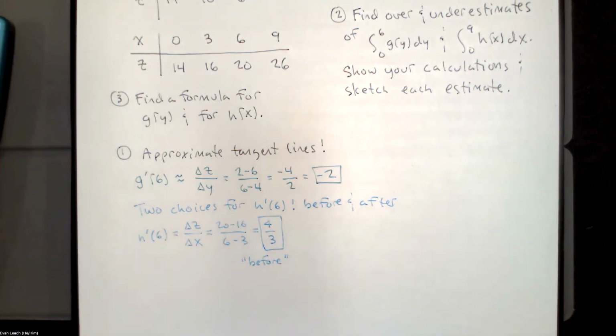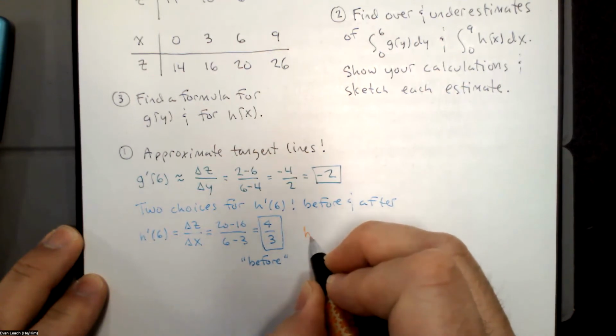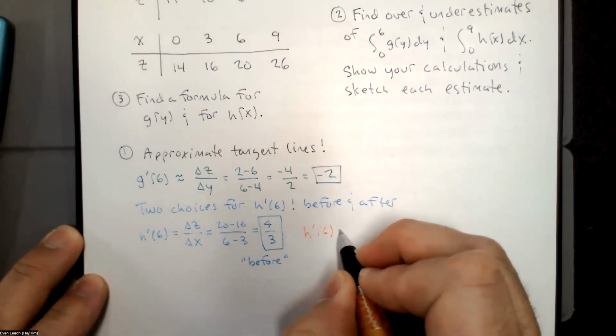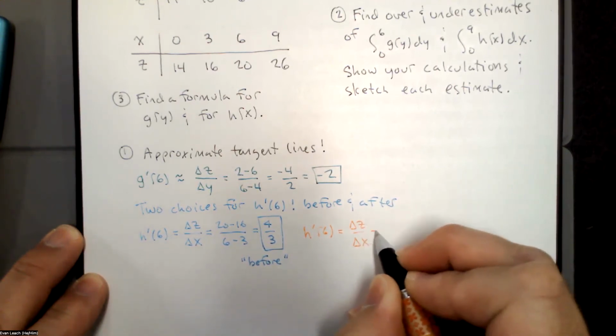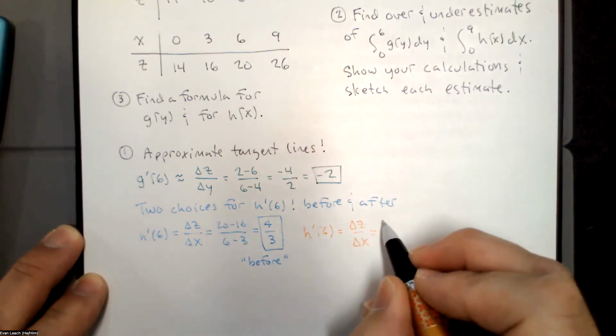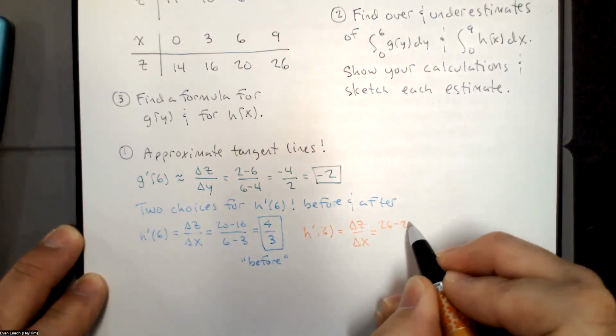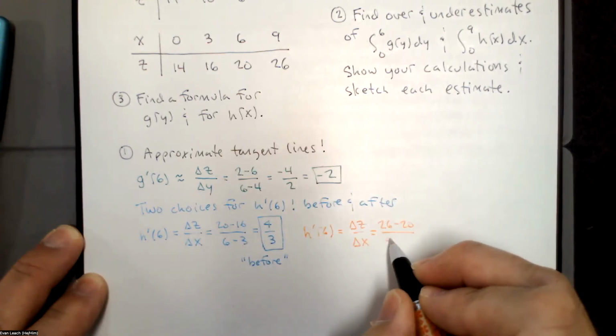But we could also look at what's going after 6. So go from 6 to 9. So h prime of 6, we could also reasonably say still delta z over delta x. Z went from 20 to 26, when x went from 6 to 9.